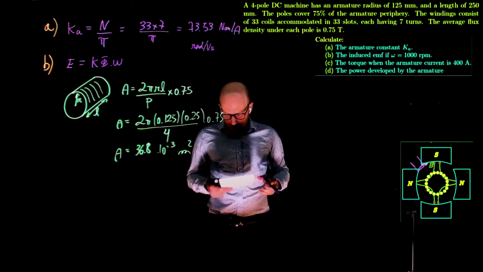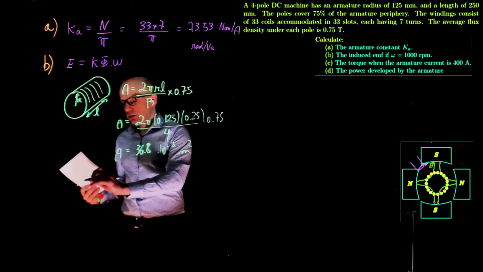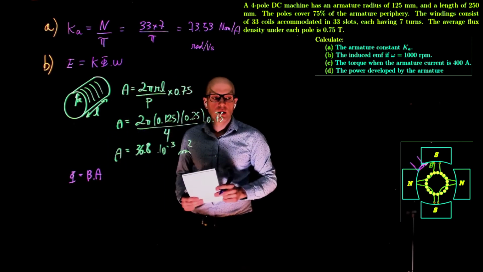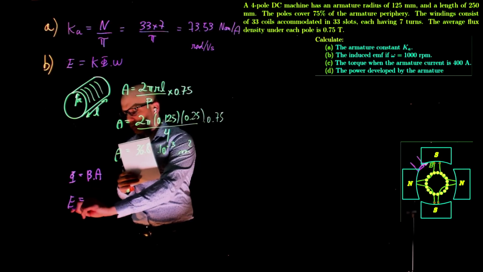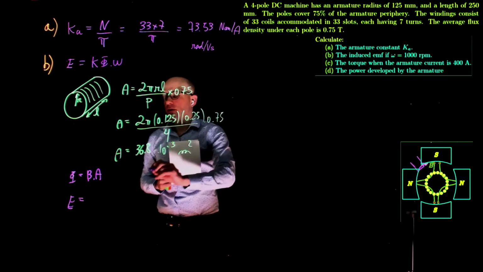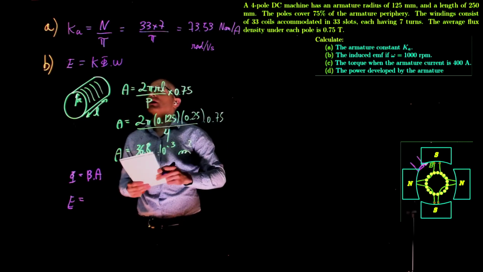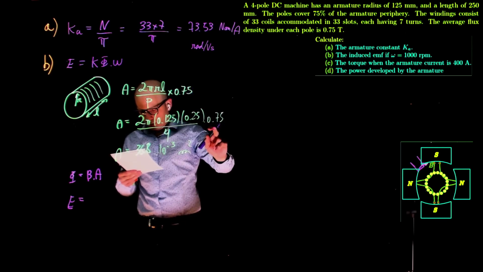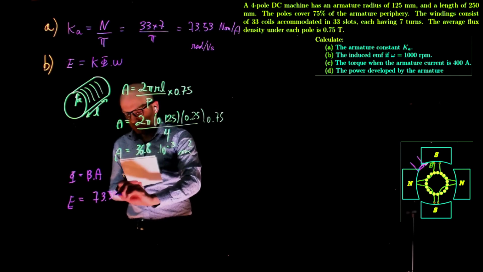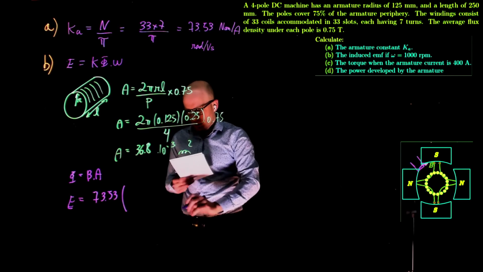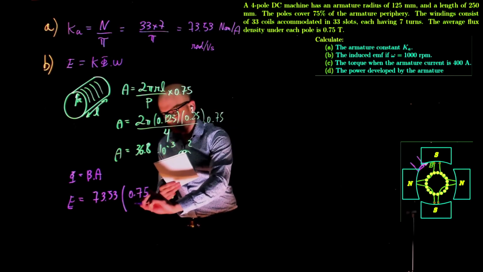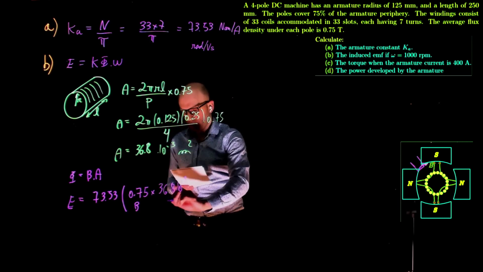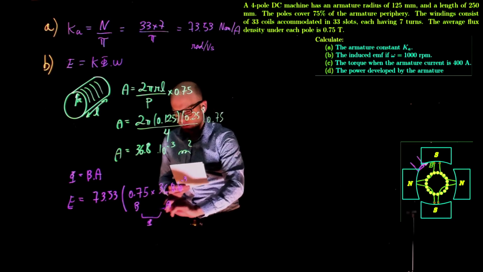Okay, so now we can calculate the magnetic flux. What is the magnetic flux? It is B times A, right? B is phi divided by A. So E becomes K, which is 73.53, times 0.75, this is B, times the area, this would be A, so this is phi, times the speed.